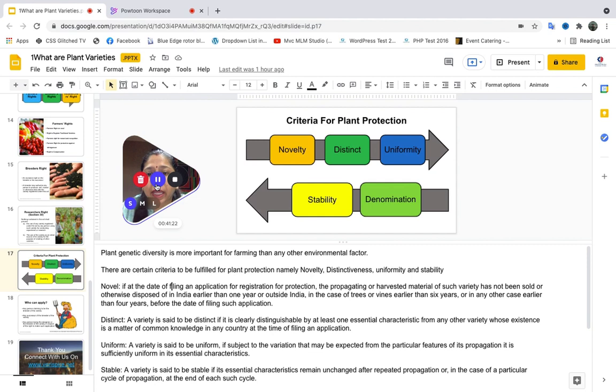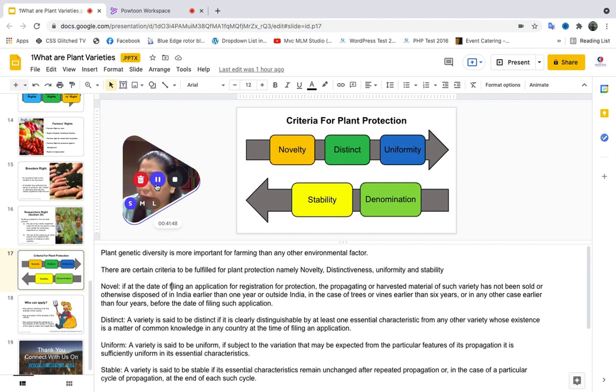The second criterion is distinctiveness. A variety is said to be distinct if it is distinguishable, that is, different in at least one essential character from any other variety whose existence is already known. Let's say I have developed a maize variety. What is so new or different in that maize variety?